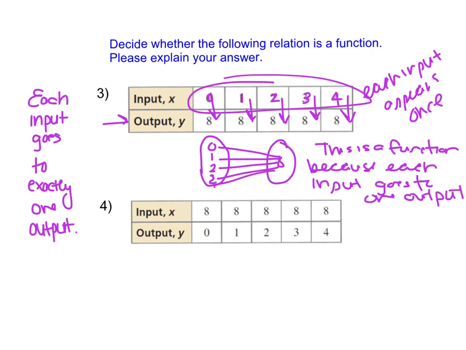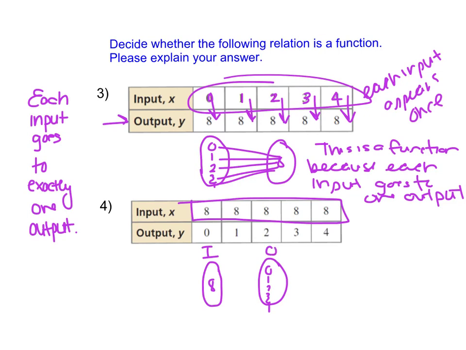Now if we look down here in example 4, what I notice is I have 5 of the same input value. If I were to create a mapping diagram of this, I would have 8 in my inputs, and then 0, 1, 2, 3, and 4 in my outputs. So 8 will go to 0, 1, 2, 3, and 4. My input of 8 has 5 outputs.